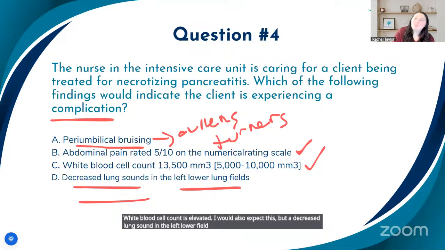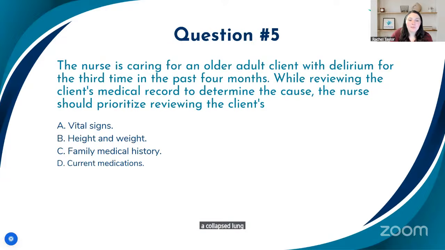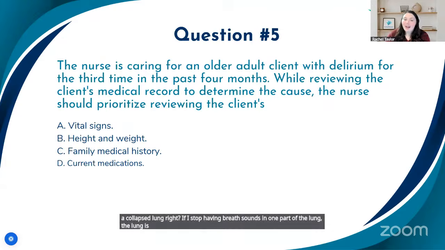What does that tell me when my lung sounds decrease in one of the fields? What does that tell me is happening? A collapsed lung, right? If I stop having breath sounds in one part of the lung, it is likely collapsed. What can happen is they get a lot of inflammation, especially with necrotizing pancreatitis, and it can affect their lung.